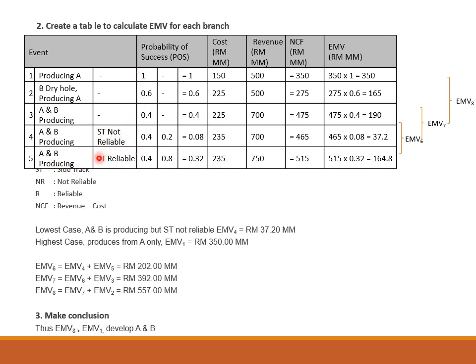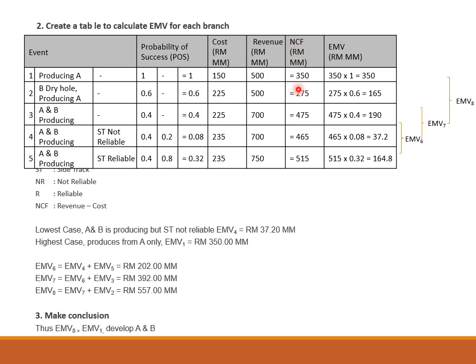So it's either you have a reliable sidetrack or a not reliable sidetrack. And then you put in the P values, the probability of successes, the chances. So producing dry A, you know, it's just only a 1 chance. And then it's given in the example that the cost of installing the small platform is 150 million, and then it will give a revenue of 500 million.